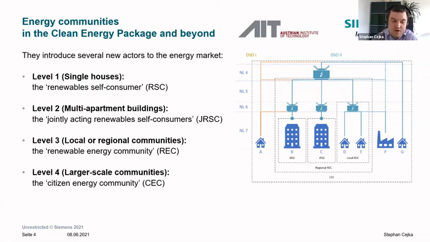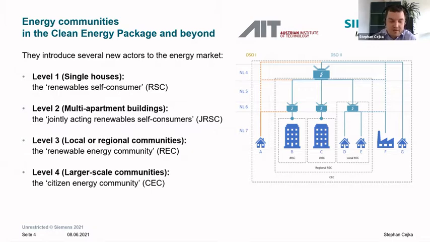So all of these 4 levels share common features. They are all involved in renewable energy projects, but there are also some differences from the legal side, but also from the technical implementation.